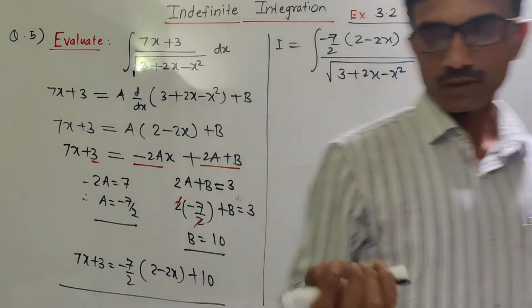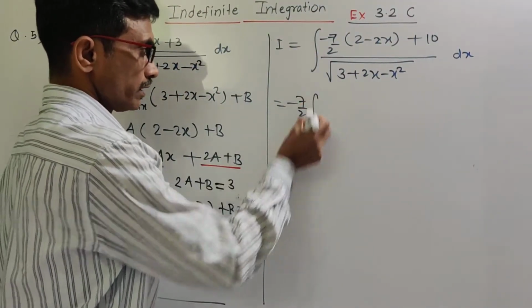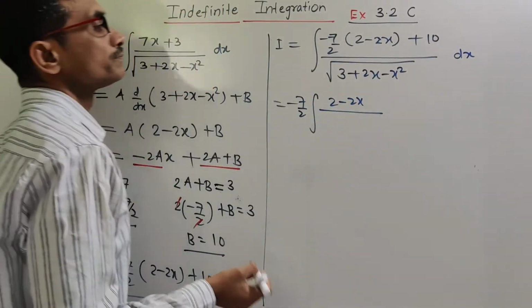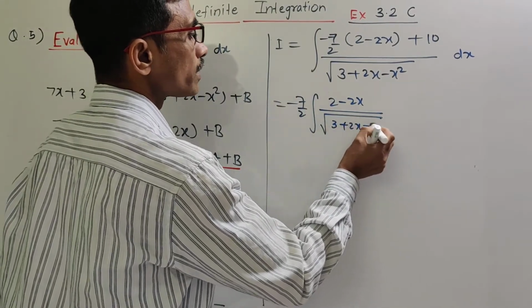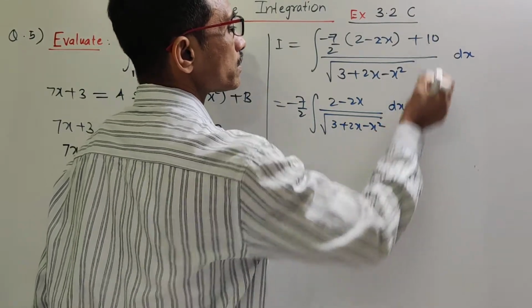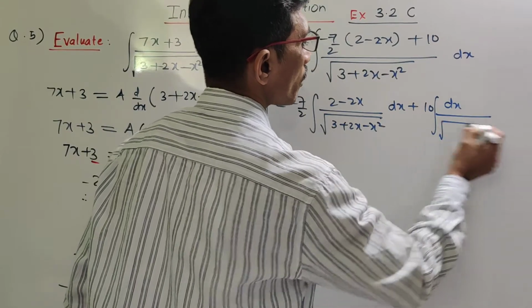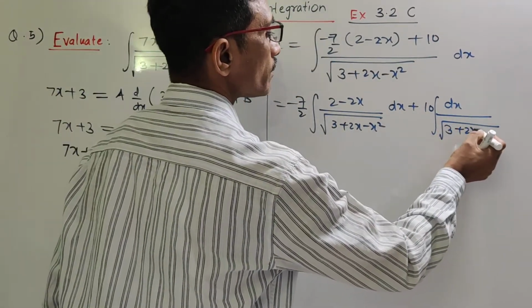Separate the integral. So minus 7 upon 2 integral (2 minus 2x) upon square root of 3 plus 2x minus x square dx, plus this 10 constant integral dx upon square root of 3 plus 2x minus x square.